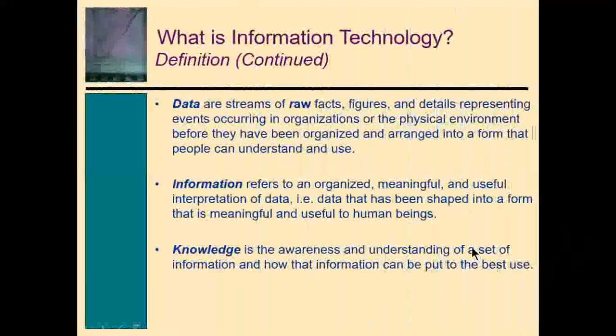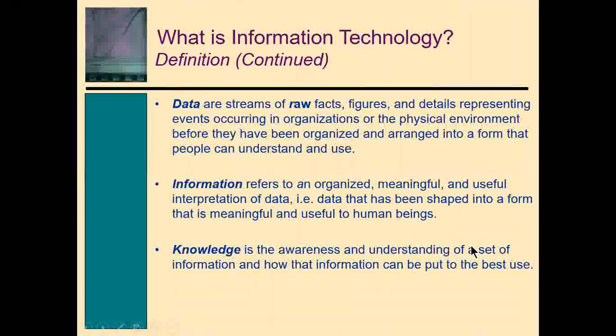So now, information technology continues with some definitions. In information technology, you find terms such as data, information, and knowledge. So what is data? These are streams of raw facts, figures, and details representing events occurring in an organization or physical environment before they have been organized and arranged into a form that people can understand and use.